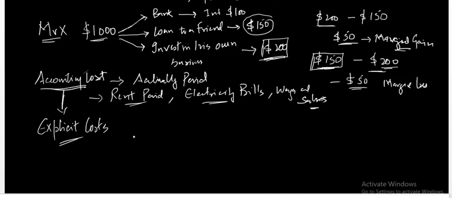Now, the third type of cost that we will talk about over here is the economic cost. But before we talk about the economic cost, let us talk about what implicit costs are. Now, these implicit costs clearly have something to do with the opportunity costs.